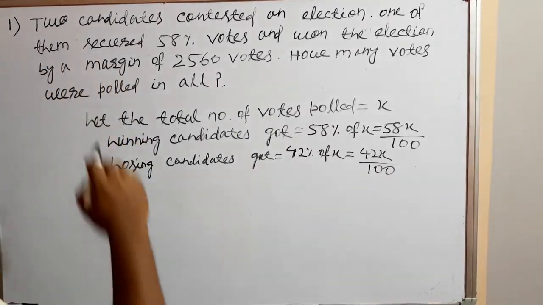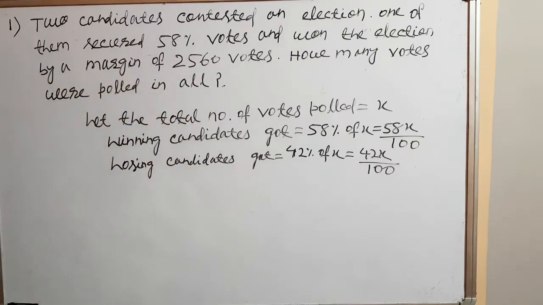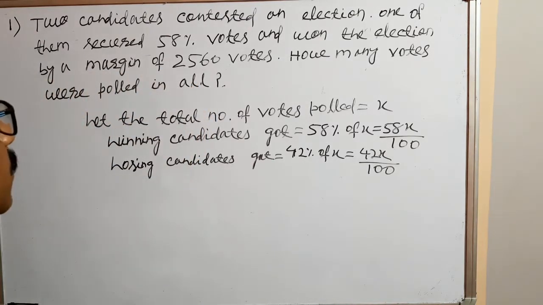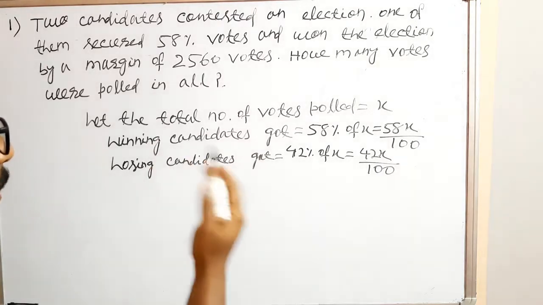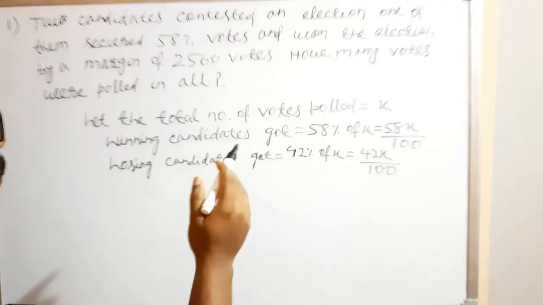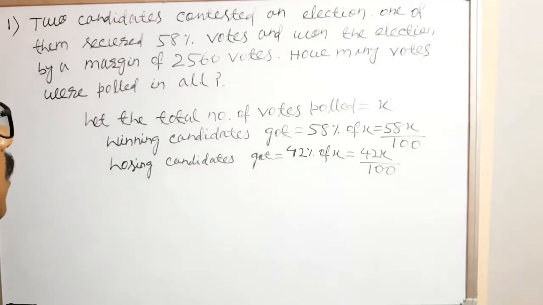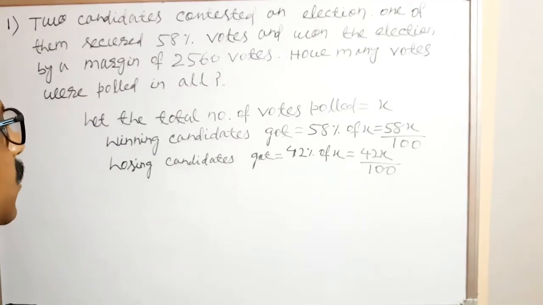Now the winning candidate won the election by a margin of 2560 votes. That means the difference of votes between the winning candidate and the losing candidate is 2560 votes.